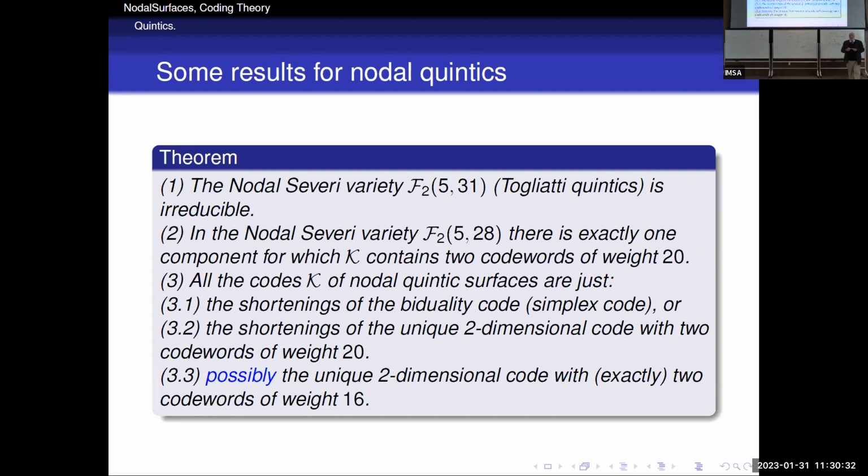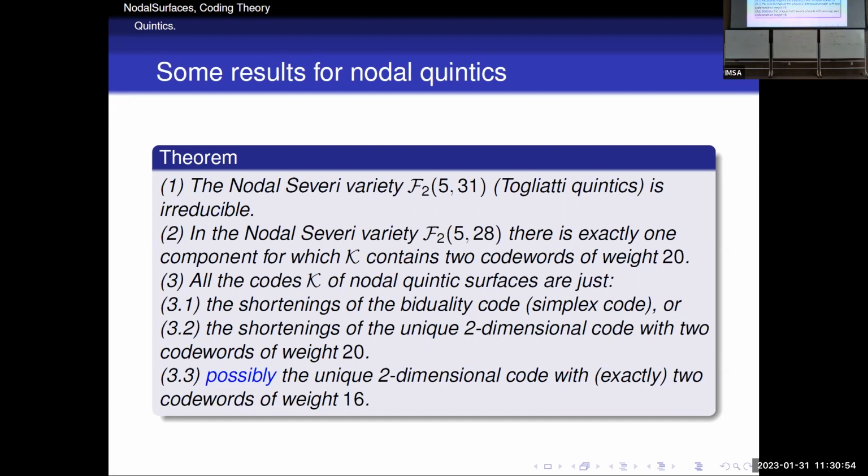So my motivation for studying more general Kanev surfaces was to show the irreducibility of the family of the cubics. These are Kanev surfaces of degree 6, and once this was done, there are some results.